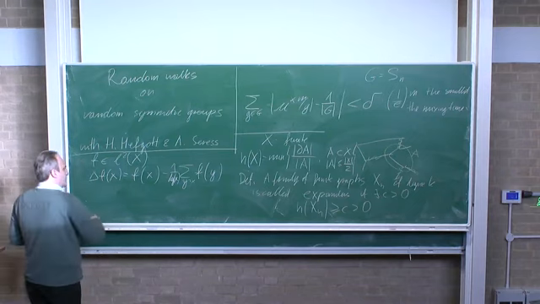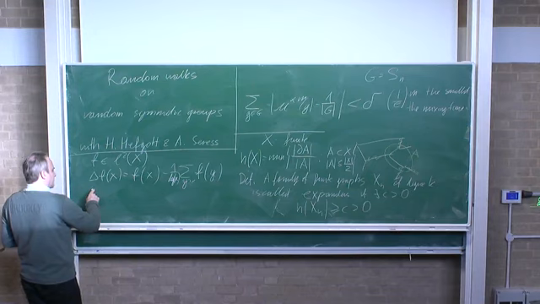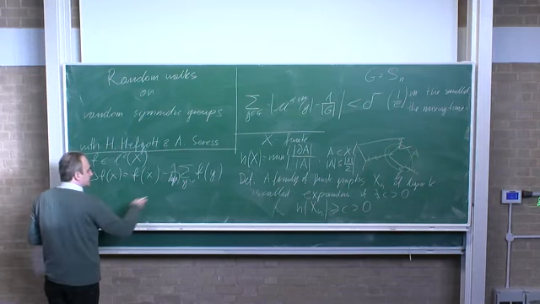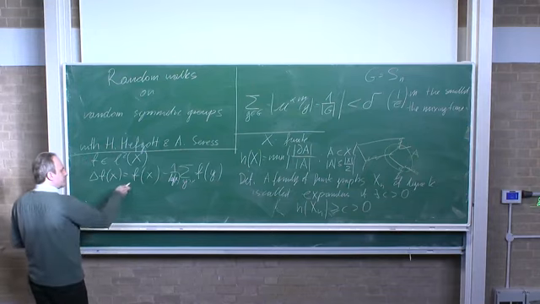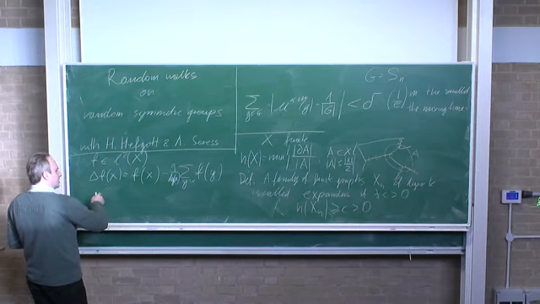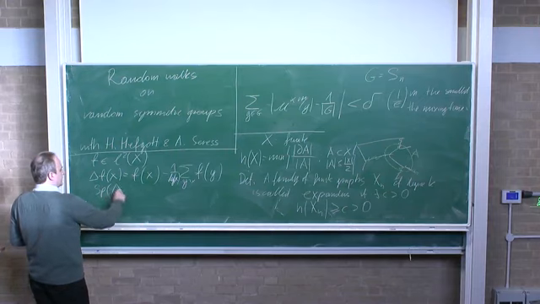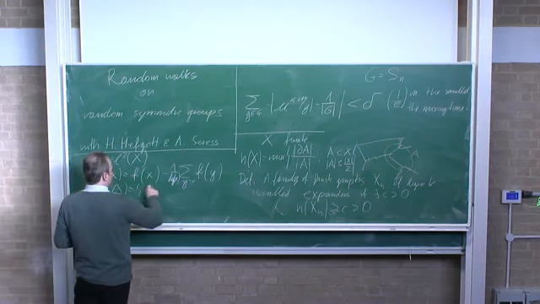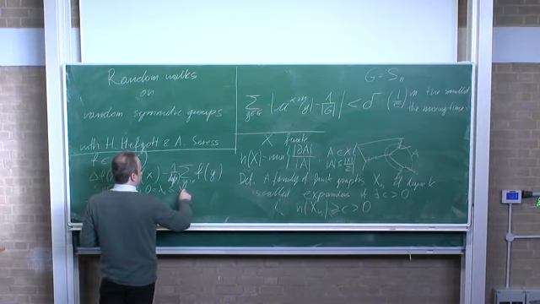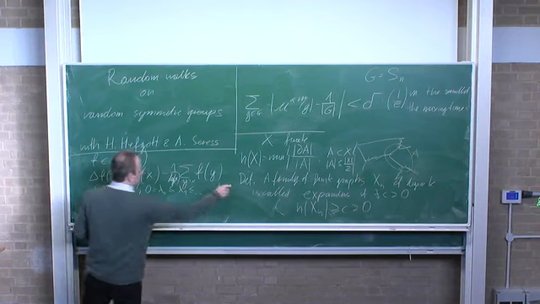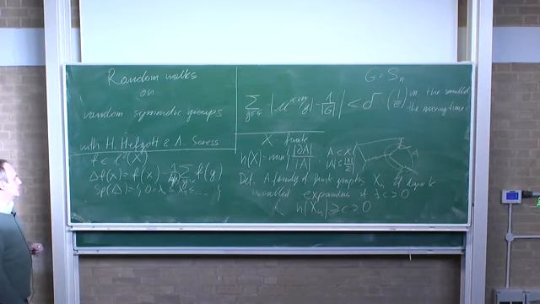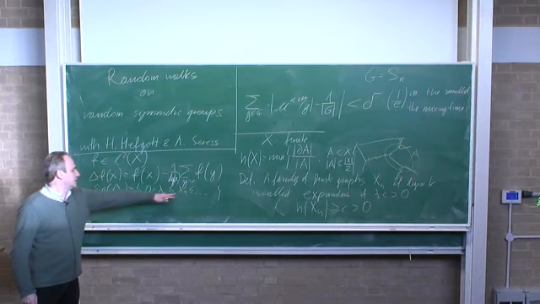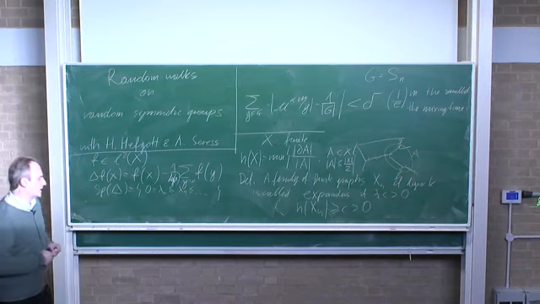Okay, and so for finite graphs there is a finite number of non-negative eigenvalues of this operator, and the quantity closely related to h is the first non-trivial eigenvalue.